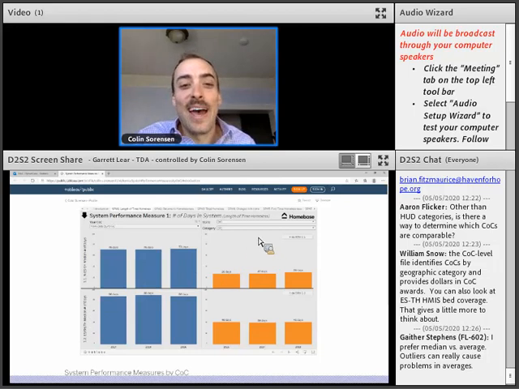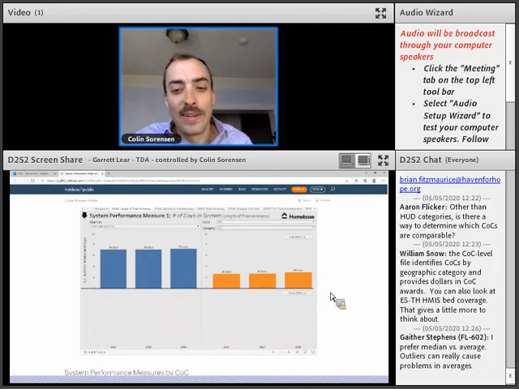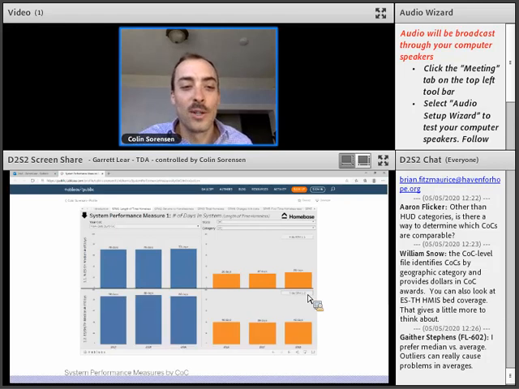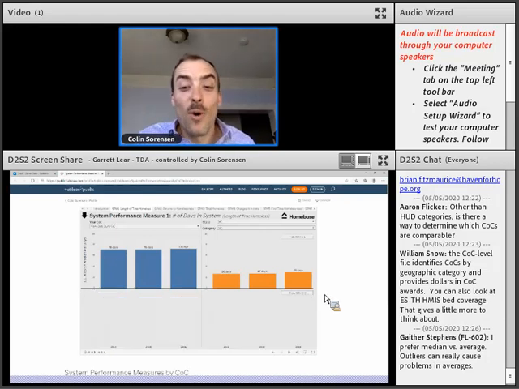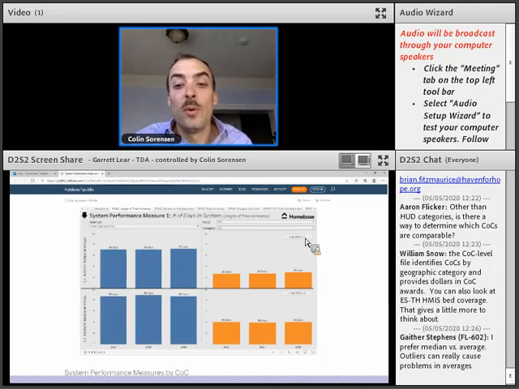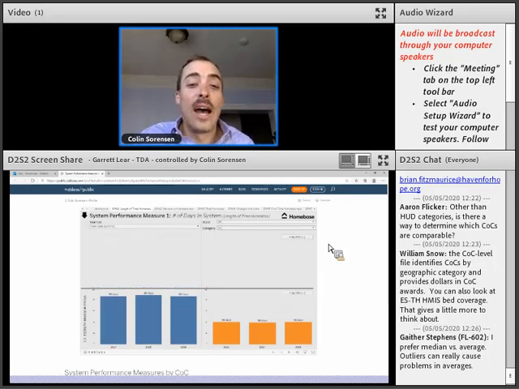As I said before, across the top, you'll see your 6 system performance measures, and you can toggle between them. Again, here's Miami-Dade, but it's easy to switch between any of the CoCs you'd be interested in. Here's Anchorage, for example. We obviously would not compare Anchorage versus rural CoCs.